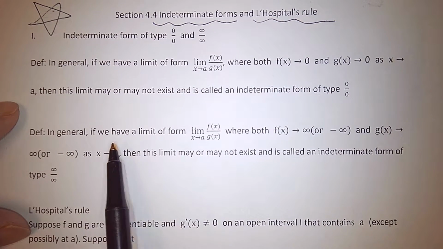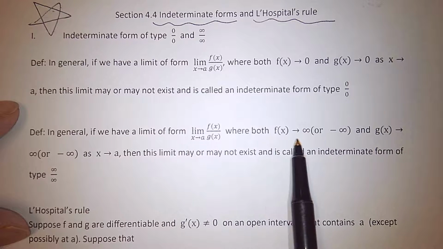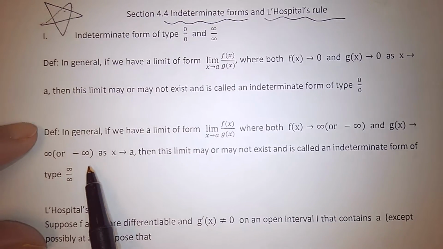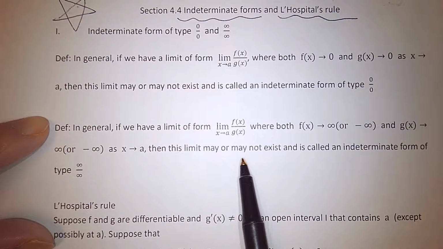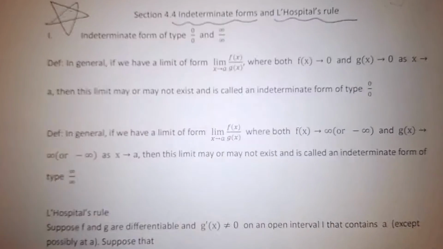In general, if we have a limit of the form f of x divided by g of x, where both f of x goes to infinity or negative infinity and g of x goes to infinity or negative infinity as x goes to a, then this limit may or may not exist and is called an indeterminate form of type infinity divided by infinity. Very good, thanks.